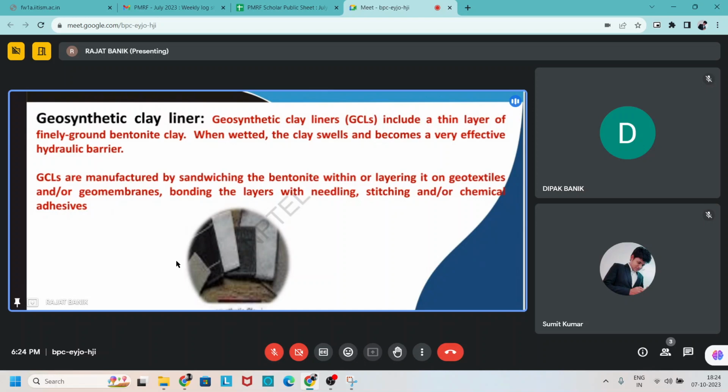Due to the increase in volume, and since clay is also an impermeable material, this clay acts as a hydraulic barrier in between the soil. It is made by a sandwiching technique. That means in between two geotextiles we apply bentonite clay. This way, we can make a geosynthetic clay liner.